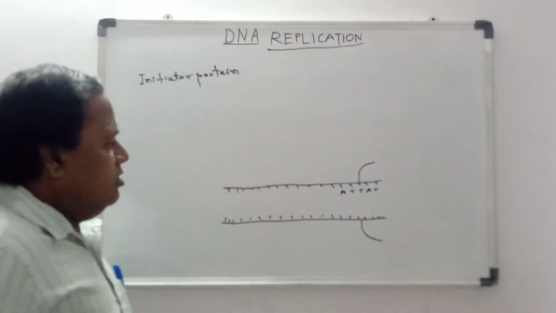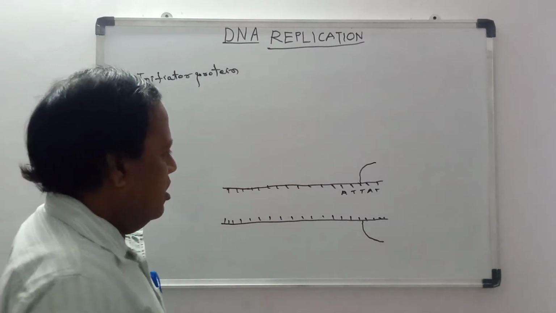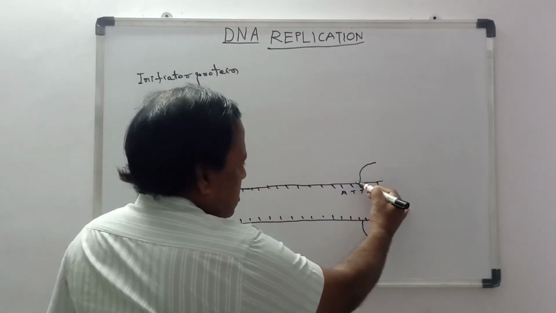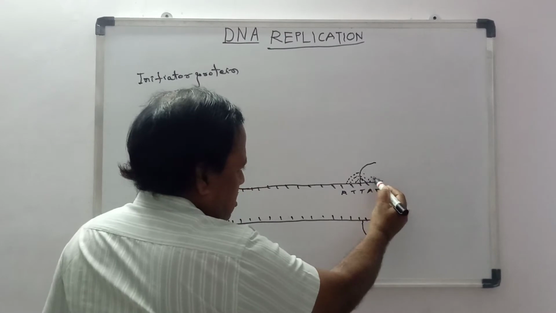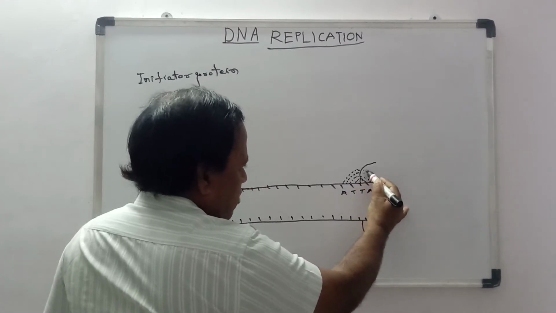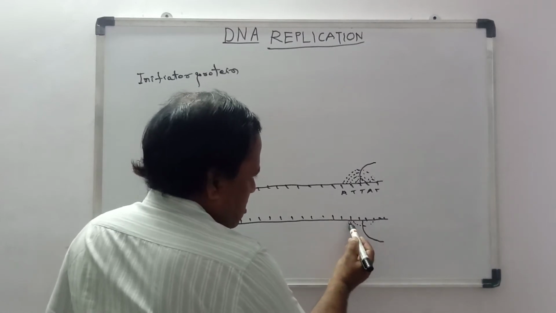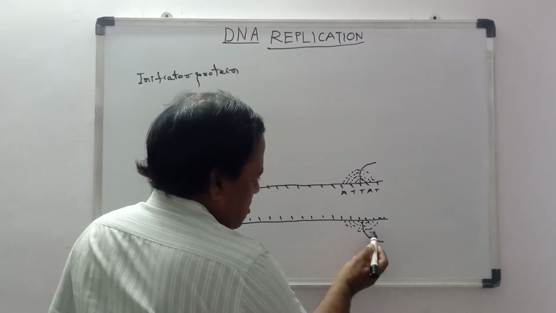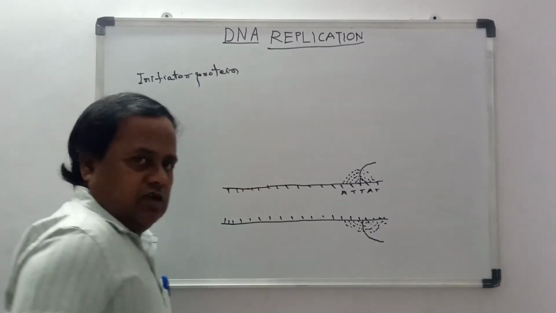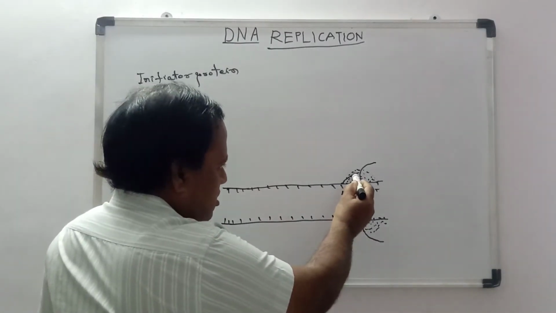The initiator protein starts the process of separation from these two places, and it starts pulling up this DNA. So it bulges out like this. And after all, it separates like this.